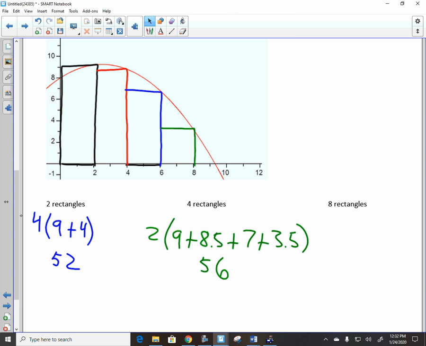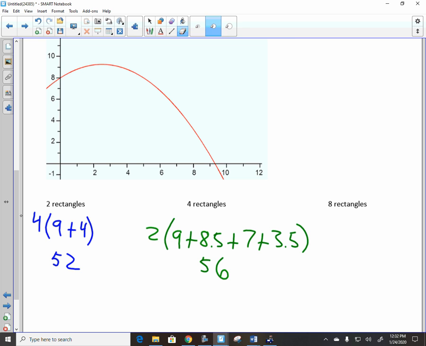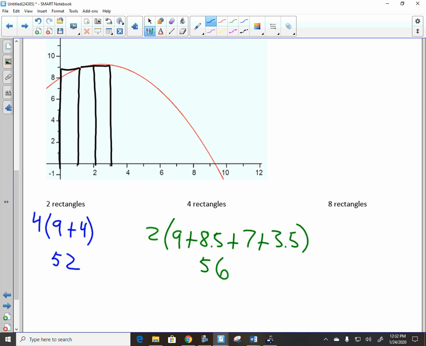All right. And then the last one, what's going to be the width of each one? Just 1. And it really is okay to just make estimations here.